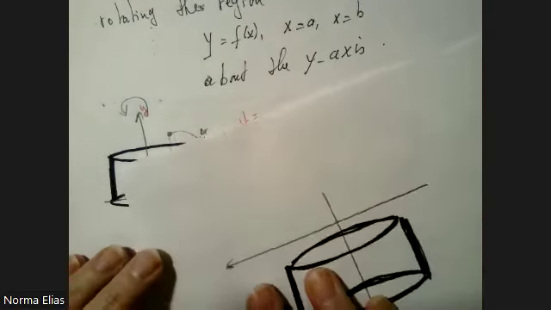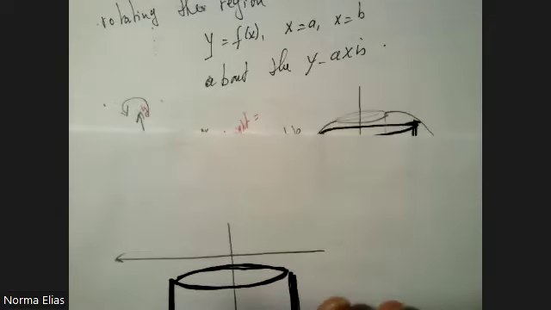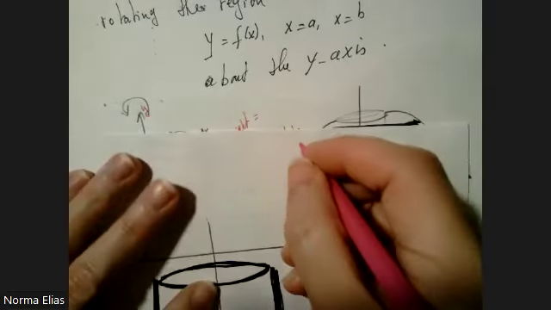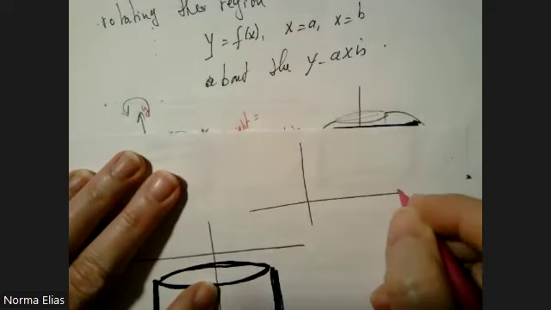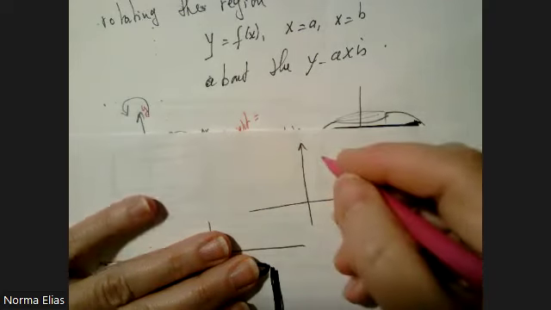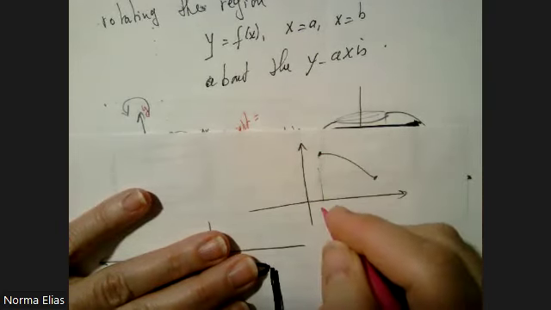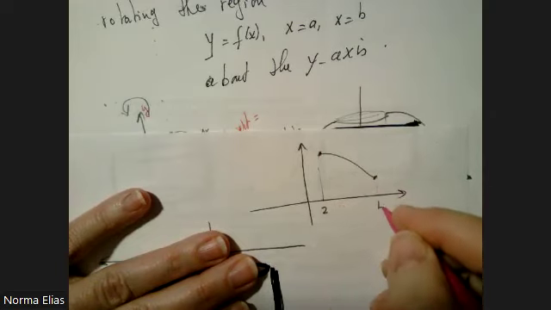Since you cannot figure it out, let me try the following idea. You don't have to write while I'm explaining something. Suppose I have a curve here, that's my function. This is 2, and this is 4.